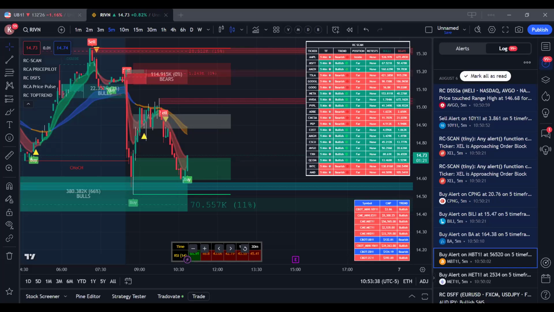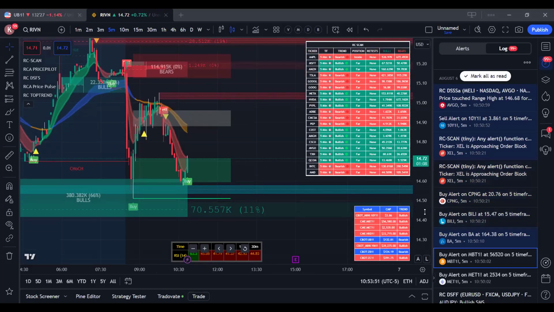You can also buy RIVN stock. If you are a stock buyer, you can buy stock and it can easily go to $15, because overall it's a bullish ticker. It did a double bottom. There is a huge buy order block. It came to the bottom. There is a strong support. You have strong bullish candles.